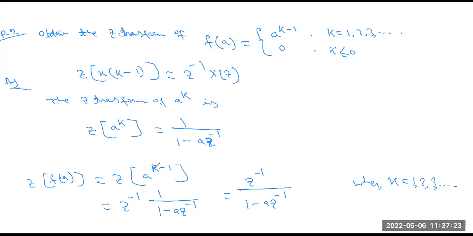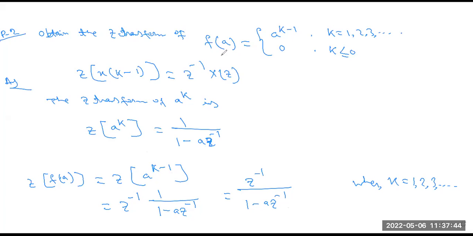Again, you have to put k is equal to 2, that is 2 minus 1, that means a to the power 1. A to the power 1, that means the function is coming z inverse by 1 minus a z inverse. So if you change the value of k to 1, 2, 3 and so on, this value also changes.